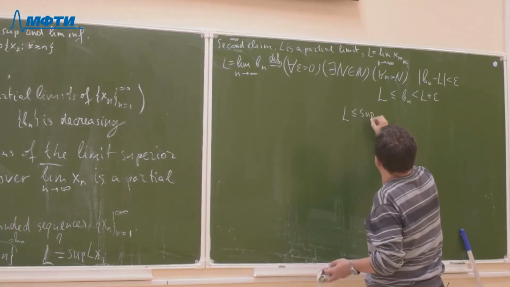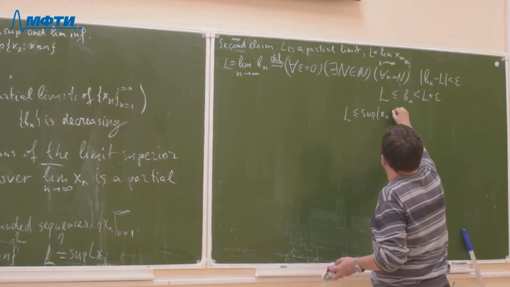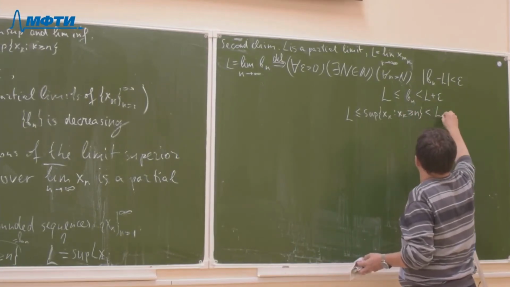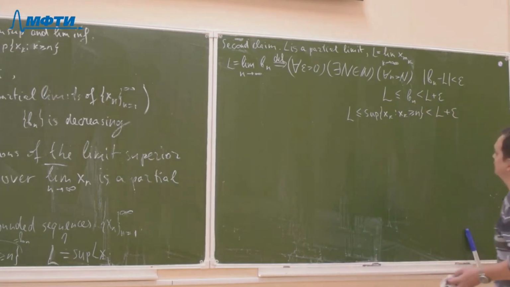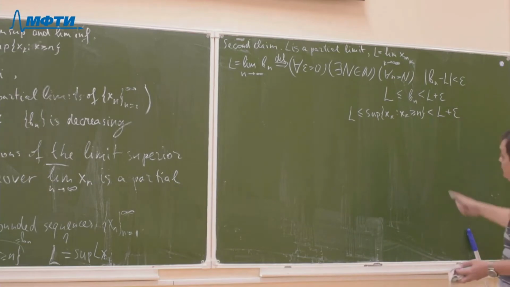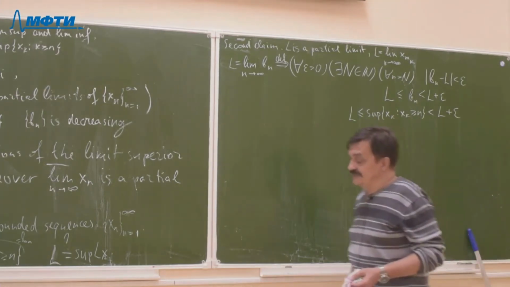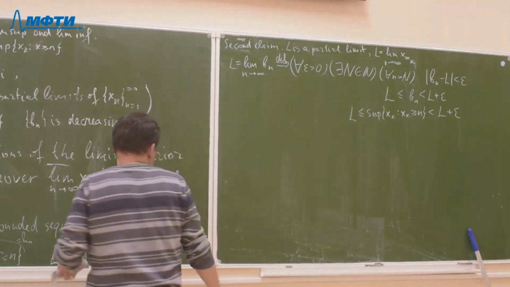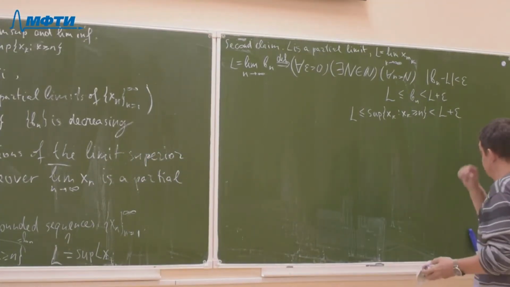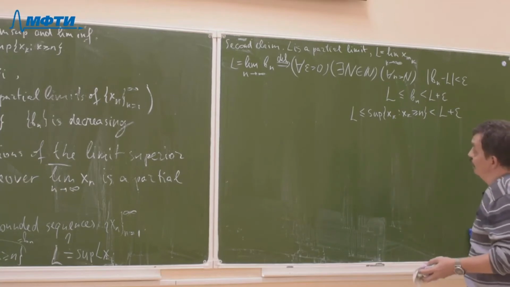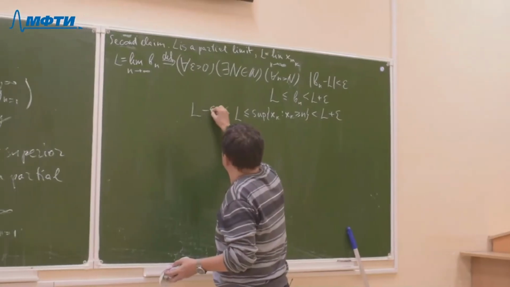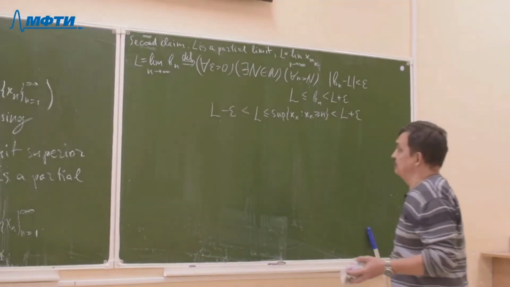That is the supremum of all x_k such that k is greater or equal to n. So I wrote the definition of B_n. So we have the least upper bound of a certain set in those limits. And what is important is that it is greater than L minus epsilon.